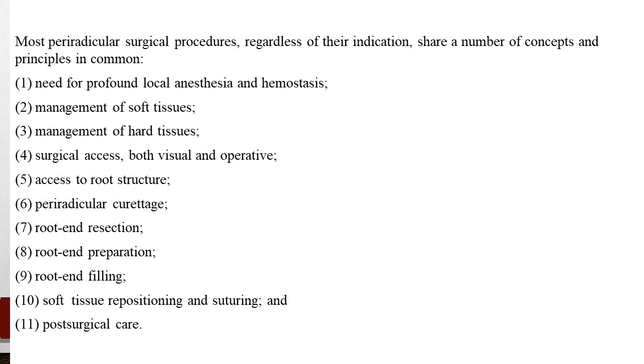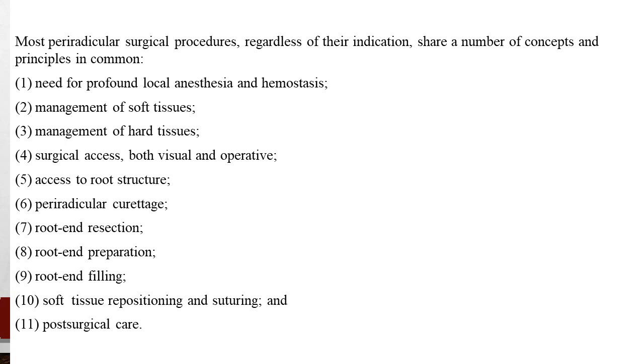So nowadays we prefer to use MTA and Biodentine. In the earlier days, even amalgam was used. Amalgam was used, GIC was used, but then of course, because of the side effects of amalgam, that means the discoloration and the fear of toxicity, amalgam was discarded.